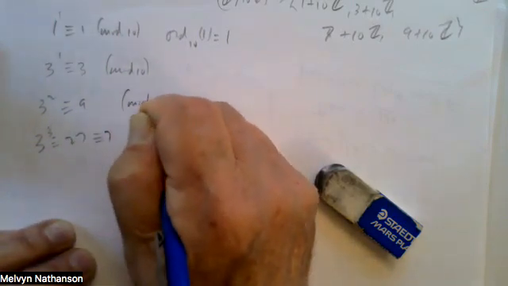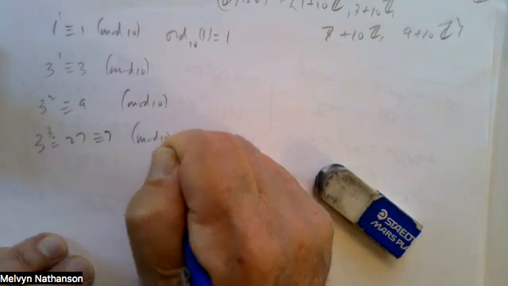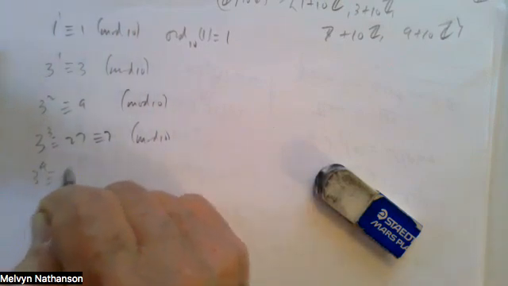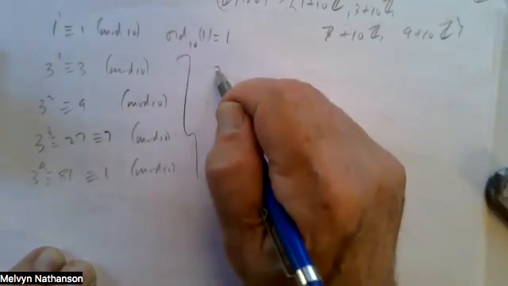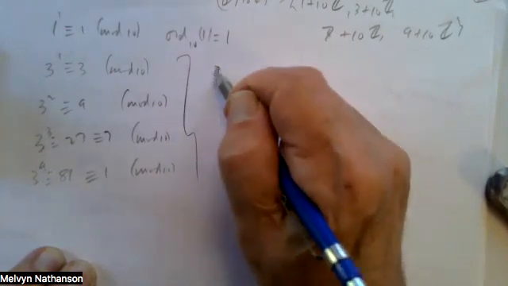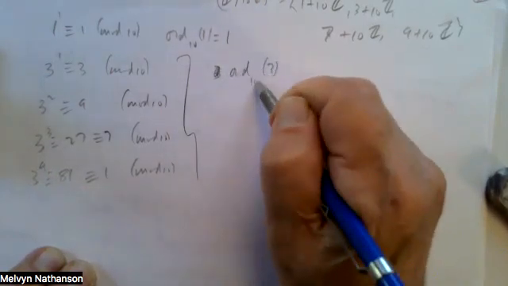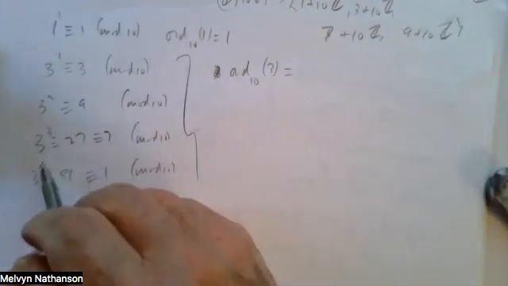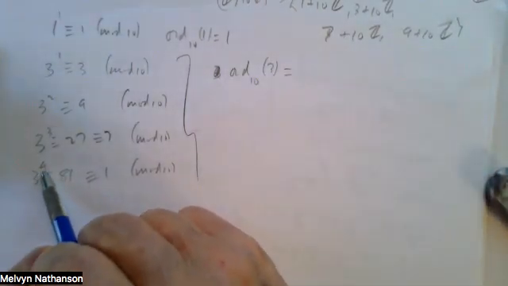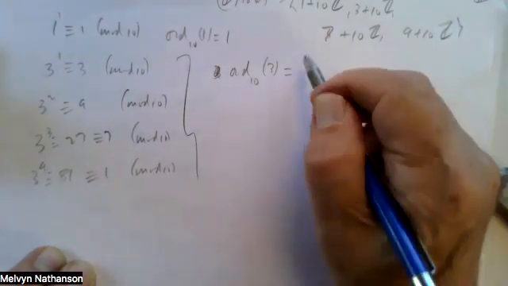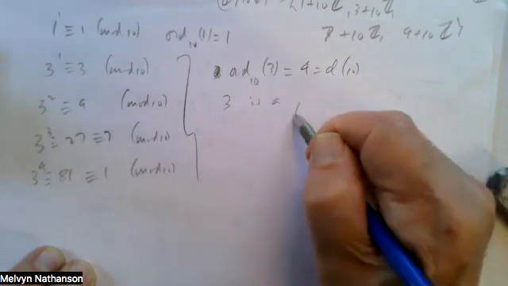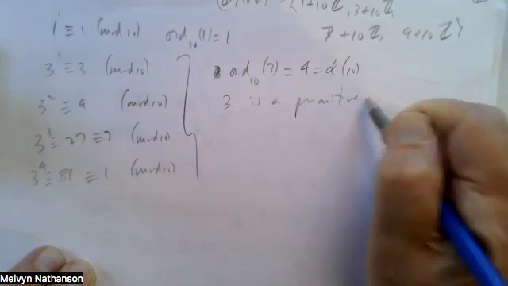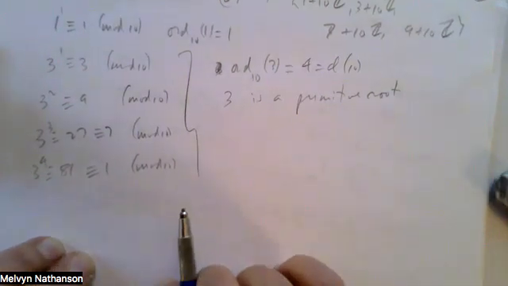This is all mod 10. 3 to the 4th power is 81, congruent to 1 mod 10. So the order of 3 mod 10 is equal to 4. That's the smallest power of 3 congruent to 1 mod 10, which is phi of 10. So 3 is a primitive root.